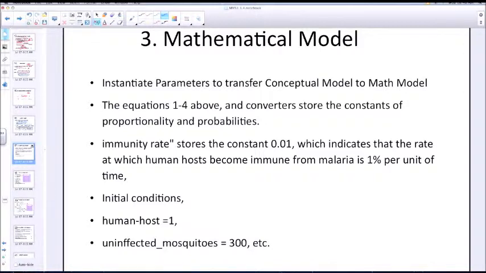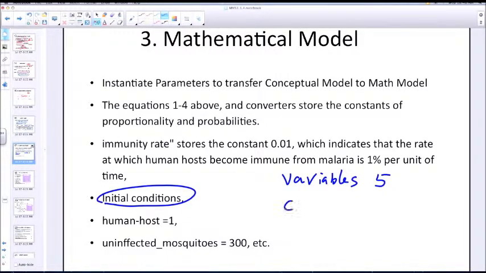So there are three groups of entities you have to understand. First, for the variables, we have 5 of them. You have the initial conditions. And for the converters, we have 2 types. One is atomic, like the birth rate, death rate, and the probabilities.